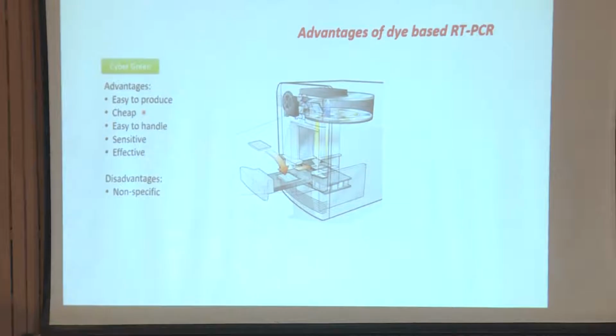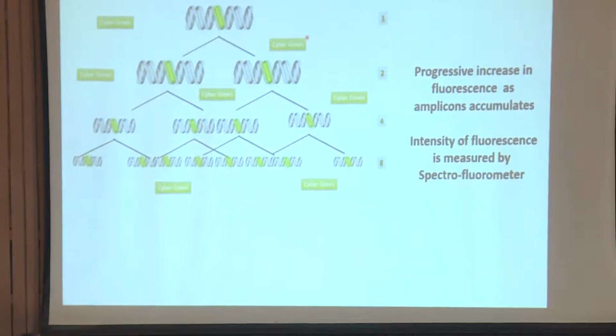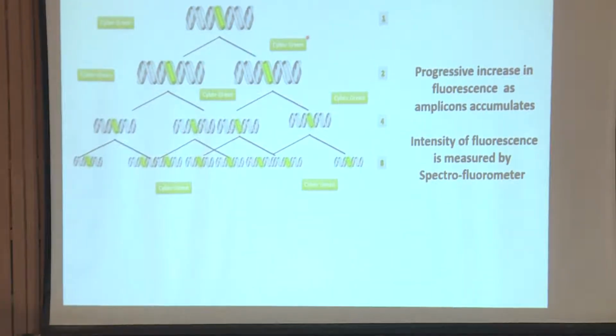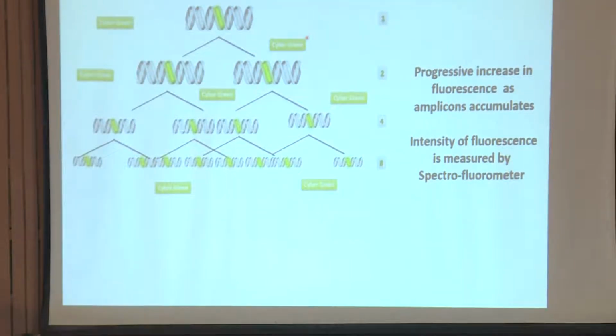This is clear to all of you. So, as amplification increases, the progeny, or the daughter double stranded DNA amplified in PCR, goes on adding the dye in the minor grooves. So, what is the advantage of this now?